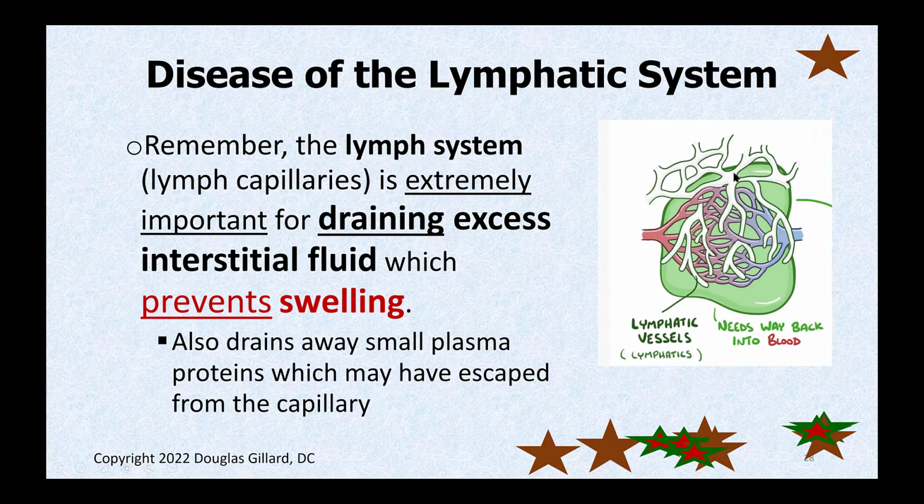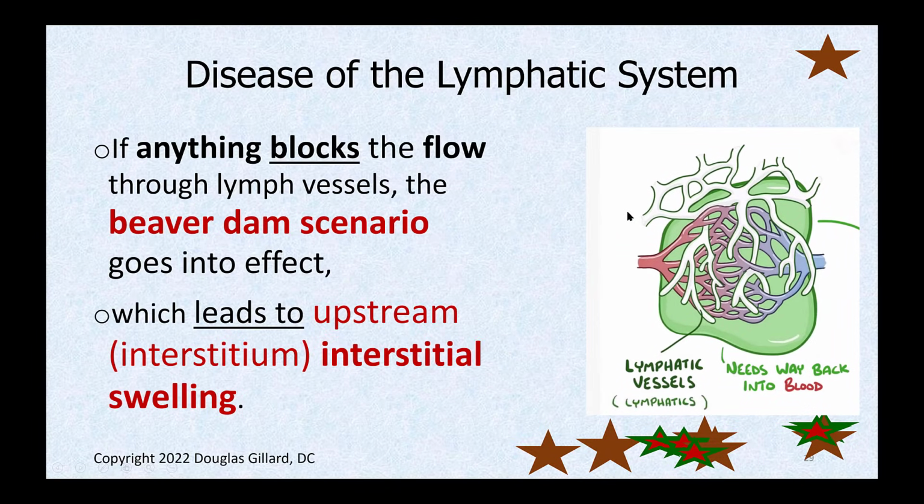Everything upstream of the beaver dam, the pressure will start to rise and back up. The backup occurs right into the interstitium, so the interstitial fluid swells up because you can't drain off the excess interstitial fluid. And that's lymphedema. Anything that backs up the flow of lymph fluid is the beaver dam scenario.